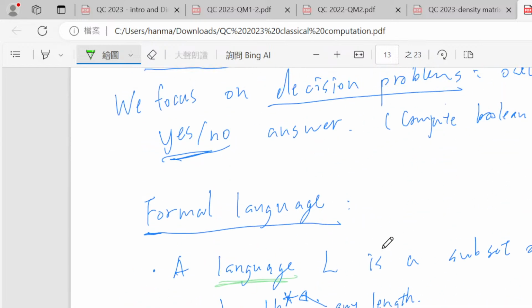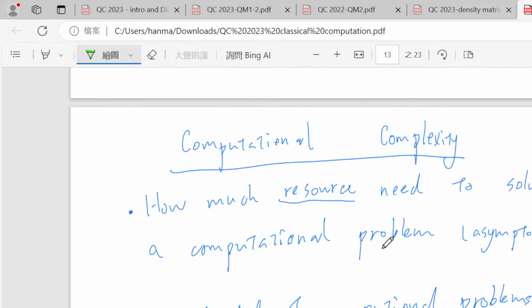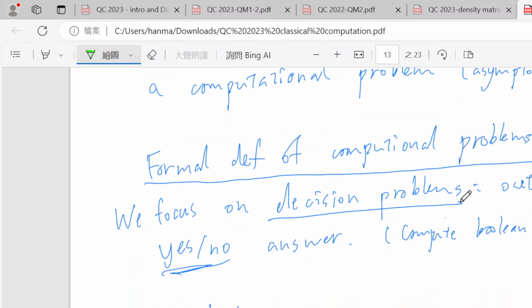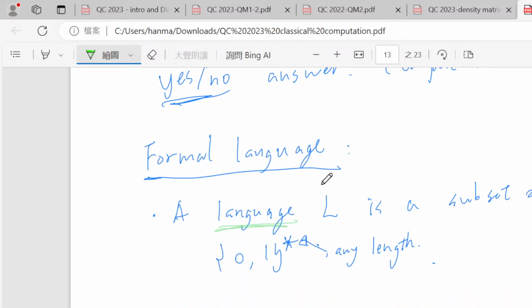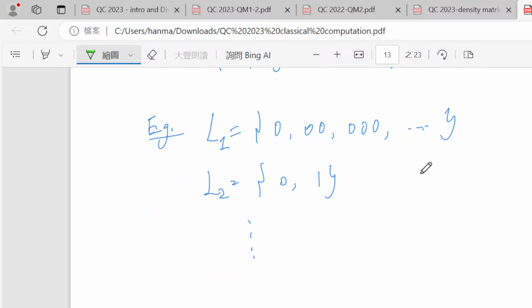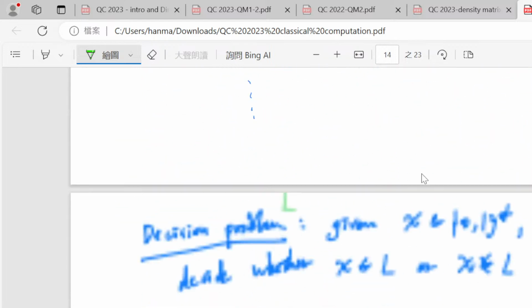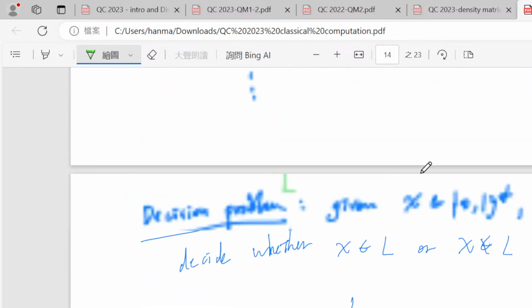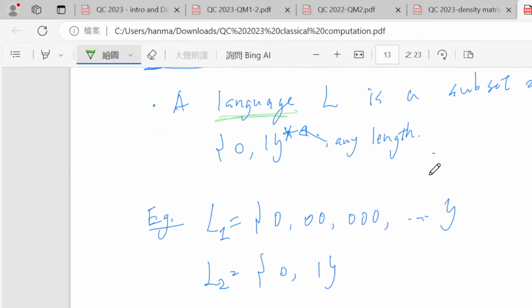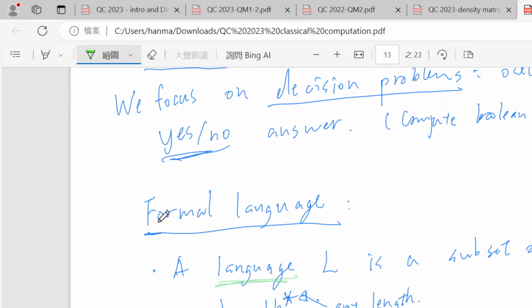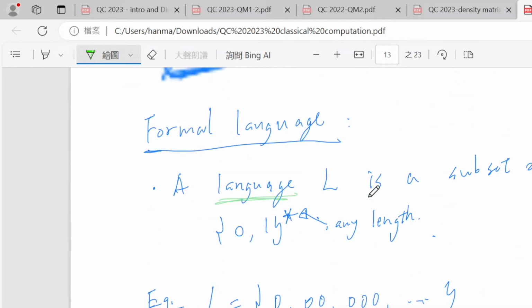So, computational complexity. Before we talk about resources, we talk about what a computational problem is. A computational problem is you want to decide whether a bit string is inside a language. But this is really just another way to write a Boolean function, right?